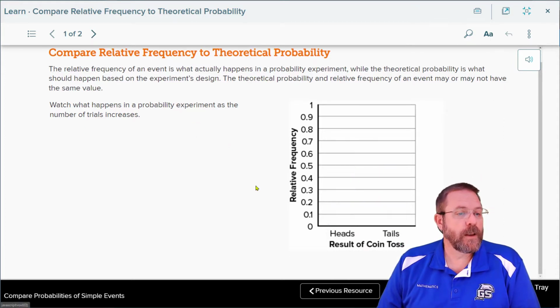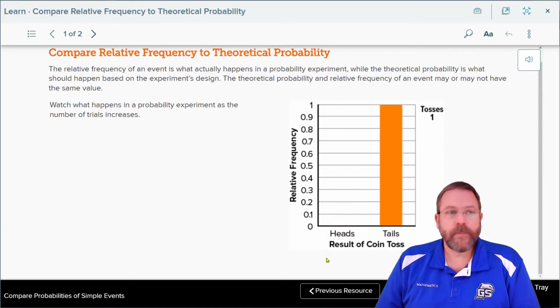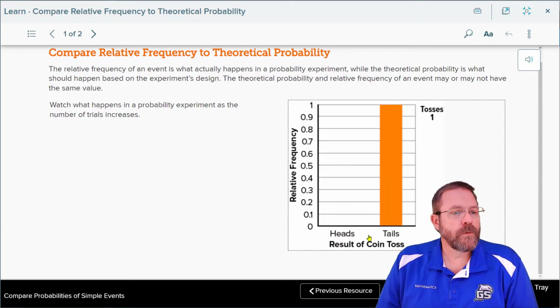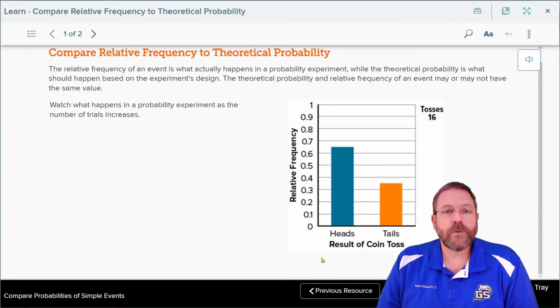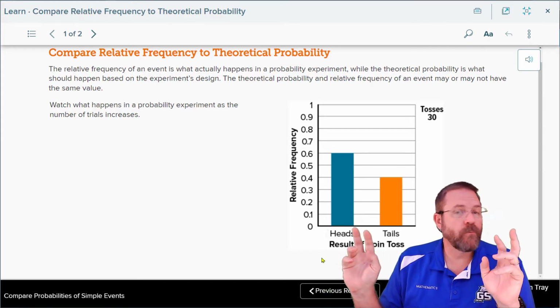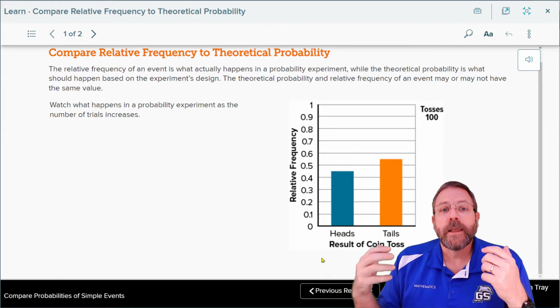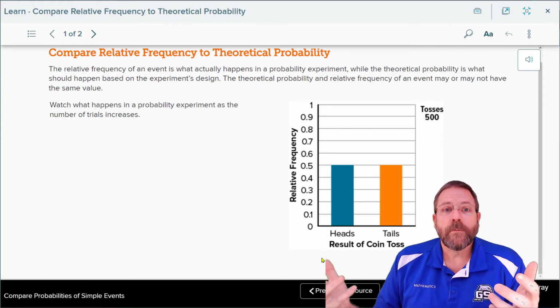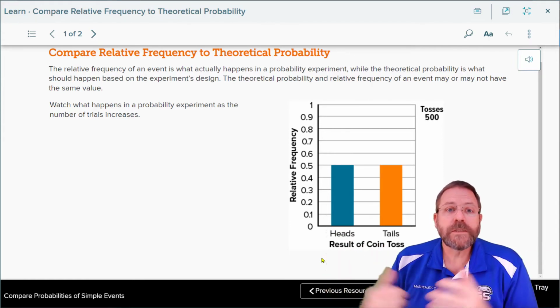So here they've got their graph. You see on the graph that they're tossing coins, and every time they toss a coin, the relative frequency changes. The theoretical probability stays the same. It's always going to be 1/2.